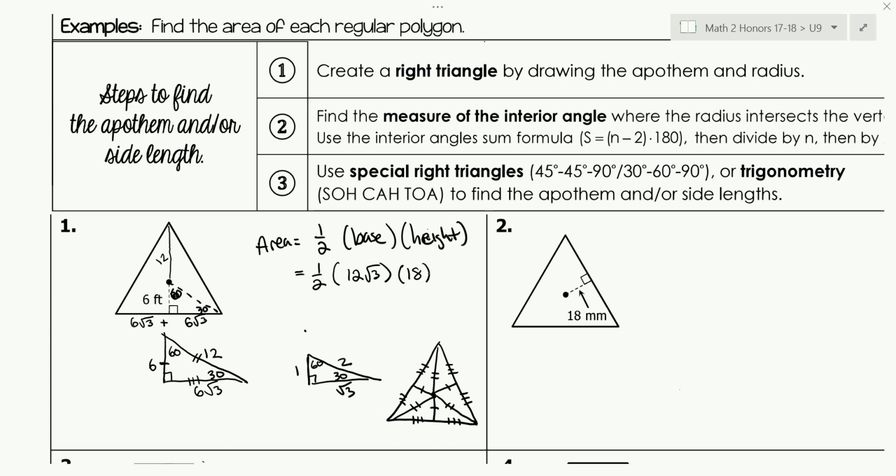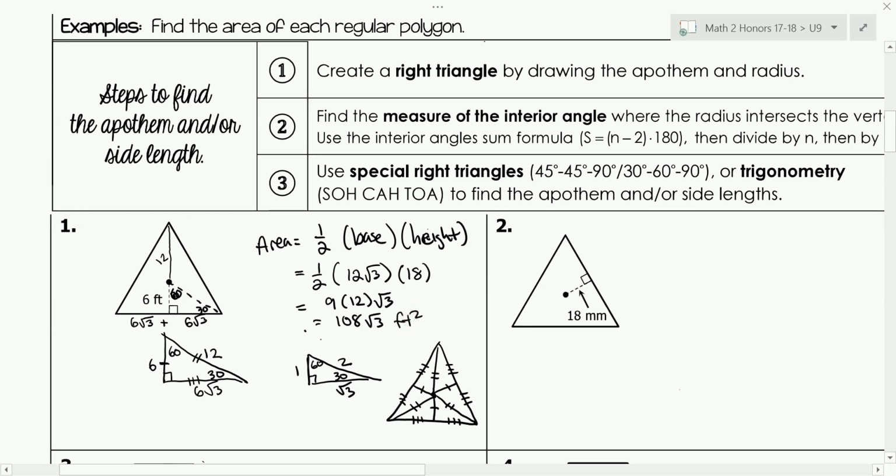We can crunch those numbers with a calculator, or we can leave it in another form. So this is going to be 9 times 12 root 3. I got 9 because I took half of 18. 9 times 12 is 108 root 3. So if I say don't round anything, I want the perfect answer, that would be your perfect answer, with square feet.